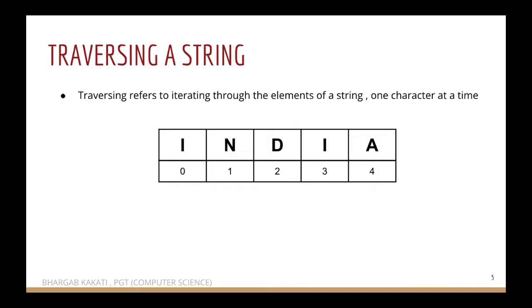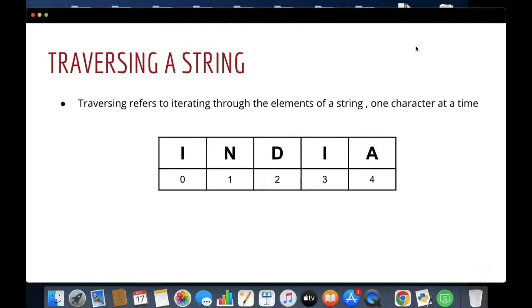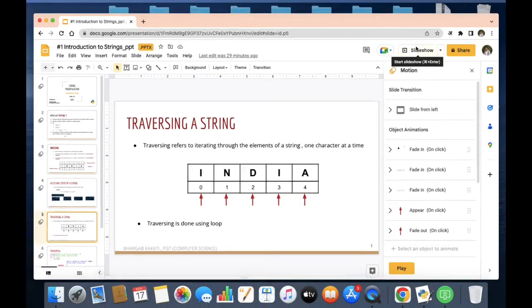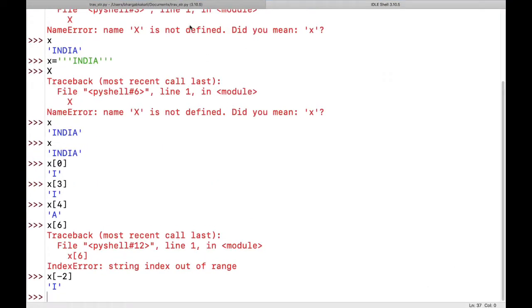Now we'll see how to traverse a string using Python. Alright, so let's go and do the programming part of it. Also, one more thing, if I want to receive a string from the user, I need to use a function known as the input function. That also I'll be showing to you now.